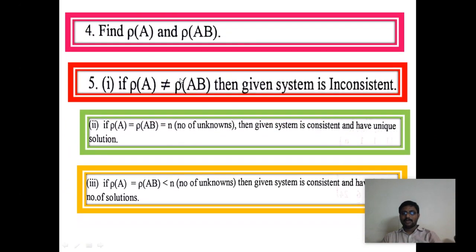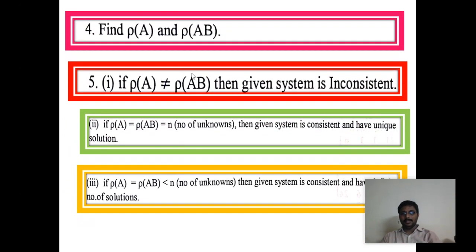Find out the rank of A and the rank of AB. If the rank of A and the rank of AB are not equal, then the system is called inconsistent. If the rank of A and the rank of AB are both equal to n, where n is the number of unknowns, then the given system is consistent and has a unique solution.